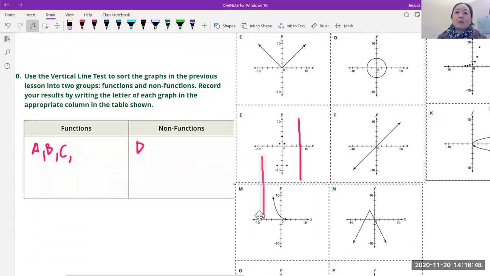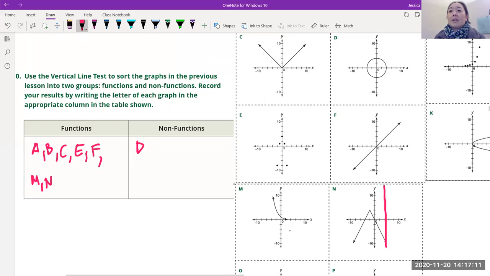There's no contest on that. So this one too, this is a function. So these are all functions so far. And what about, I'm going straight to M apparently, and N. Yep, this is definitely a function. So all of these guys are functions. So that was E, F, M, and N.